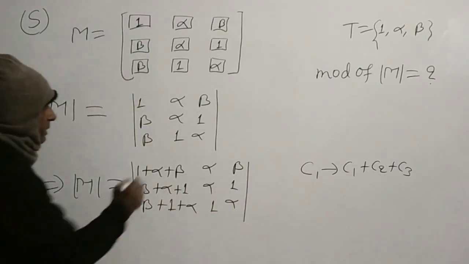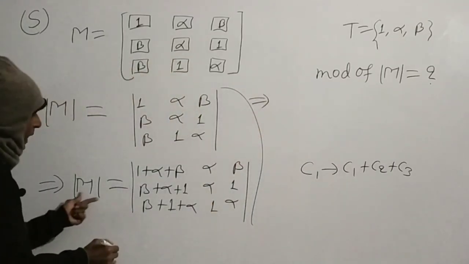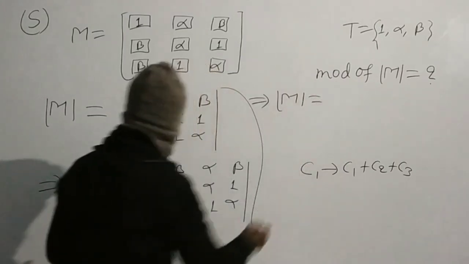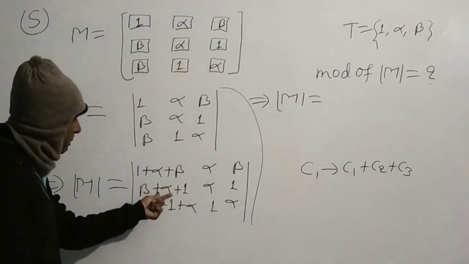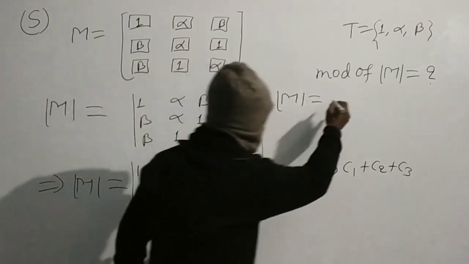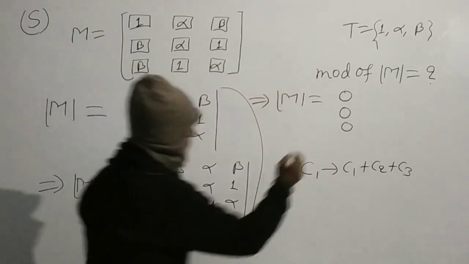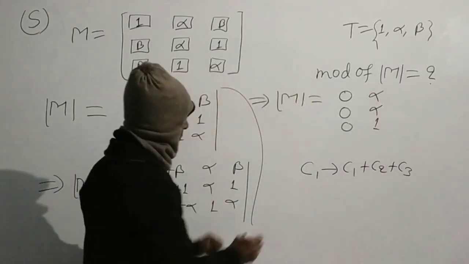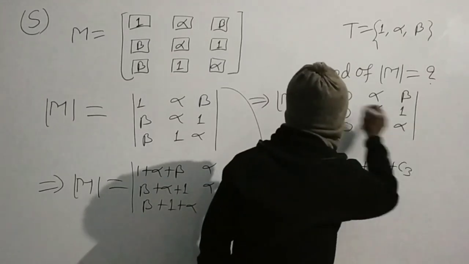This implies the determinant of M is equal to: 1 plus alpha plus beta will be 0, here will be 0, here will be 0, so the first column is 0 0 0, then alpha alpha 1, beta 1 alpha.